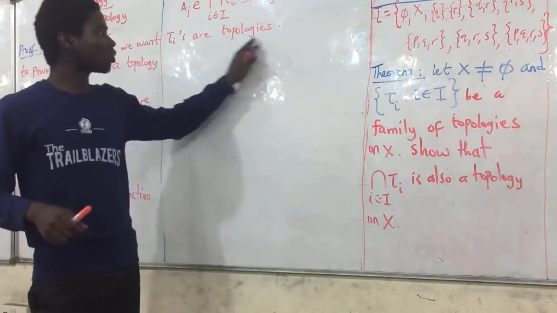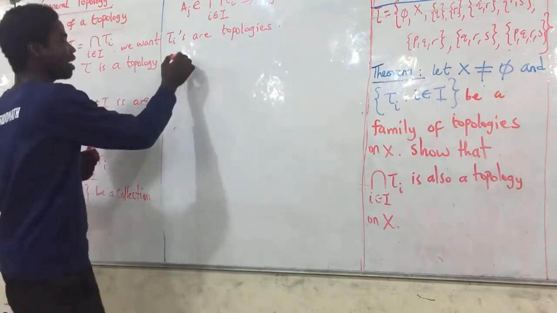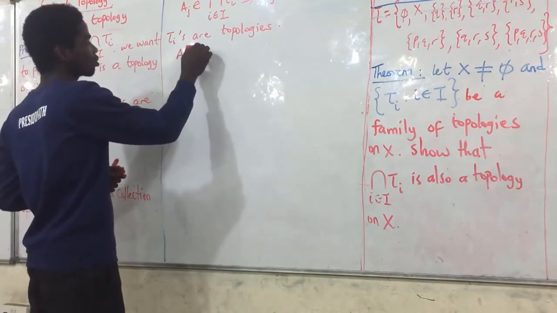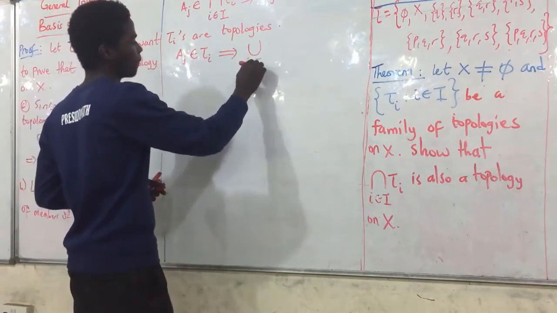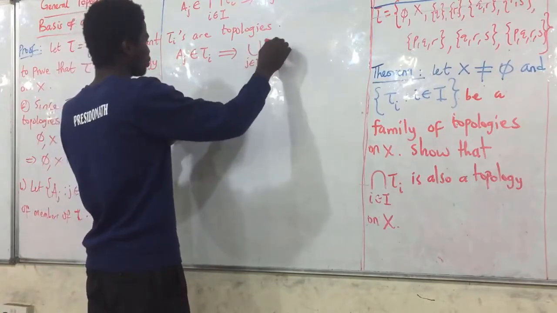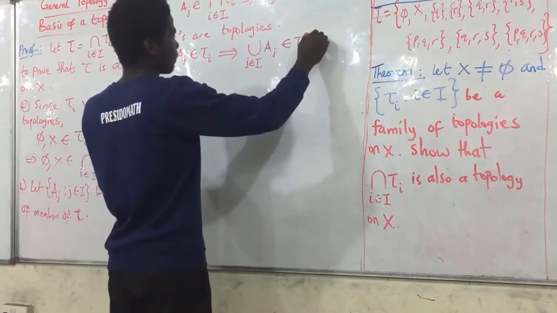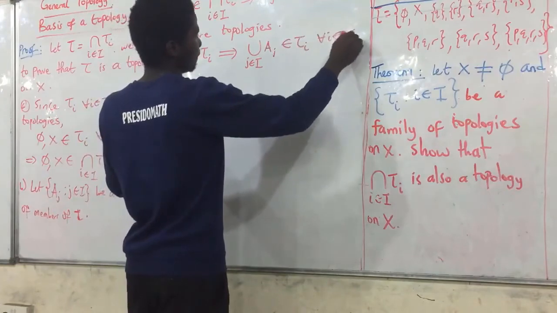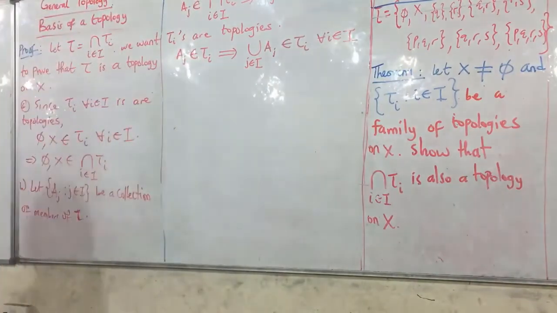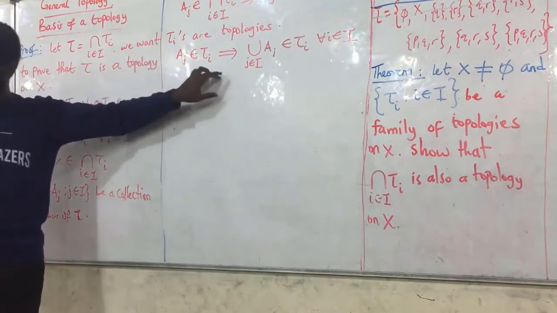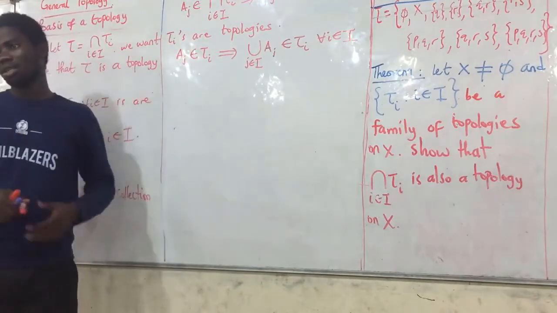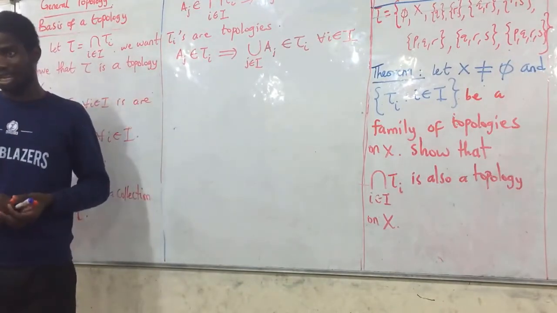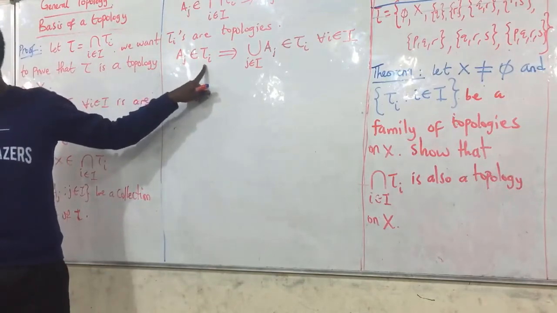Since they are elements of our topologies, if A_j belongs to T_i, their union too will belong to T_i. Do you agree? Yes. Because this one is a topology, it means the arbitrary union is there.